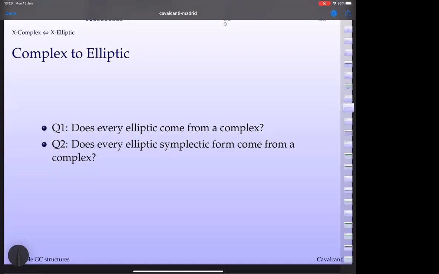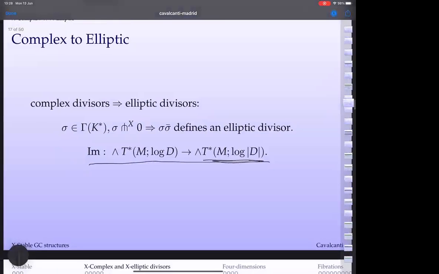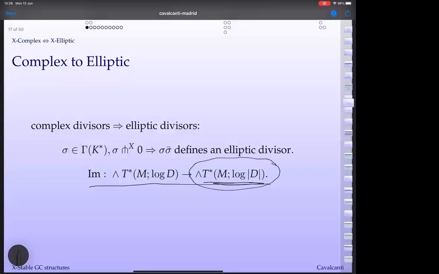And does every symplectic form on the elliptic tangent bundle come from a complex one? The idea is that I would like to be able to look at symplectic forms on this space, and somehow if I find that they exist, I'd like to be able to conclude that I get a generalized complex structure because it's kind of symplectic on that space. So that's a bit of the name of the game. I'd like to relate generalized complex geometry to symplectic geometry here.